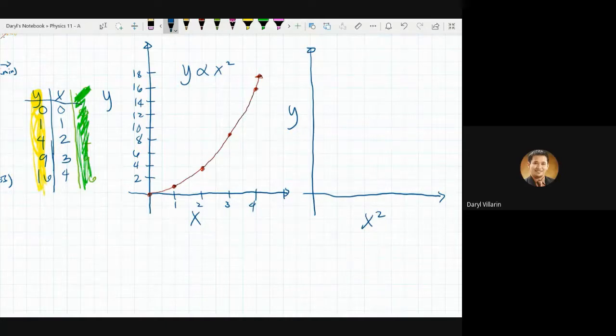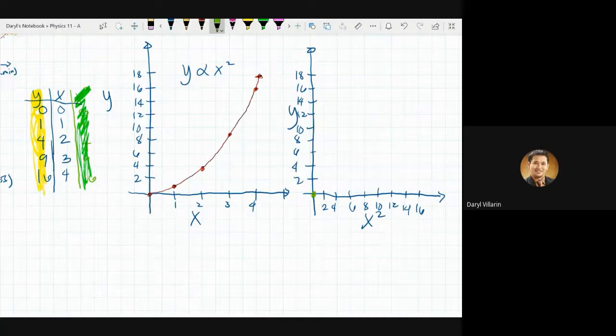So see what happens. Maybe I can no longer use 1, so maybe 2, 4, 6, 8, 10, 12, 14, and then 16. Then same thing here, the minimum is 0, so 2, 4, 6, 8, 10, 12, 14, 16, 18. So now if I'm going to plot that one again, see what happens.